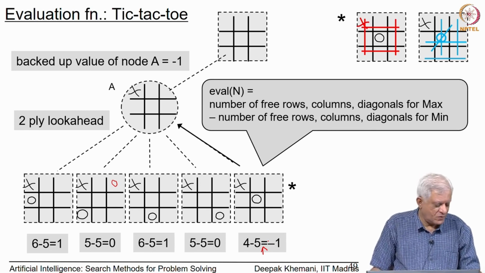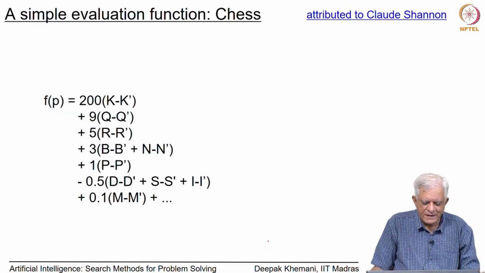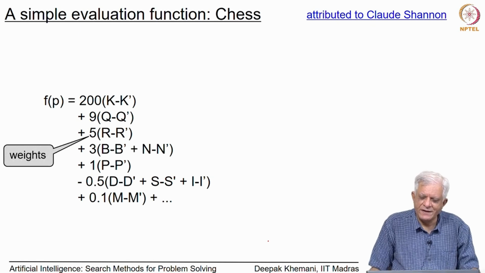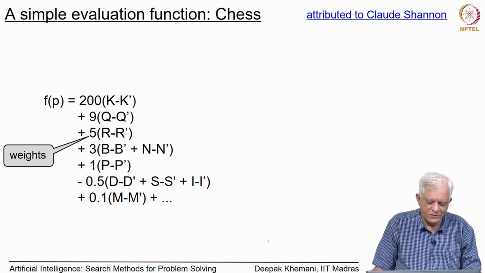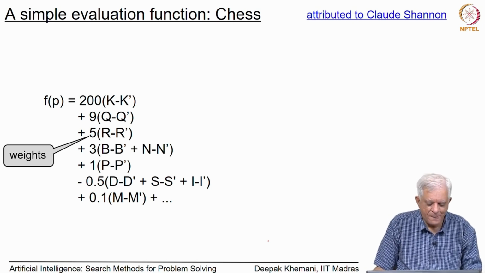Let us now look at perhaps the most popular game that has been used for programming, which is chess, and this depicts a simple evaluation function for chess. This evaluation function has been attributed to Claude Shannon, who was one of the pioneers of computing, known as the father of information theory.